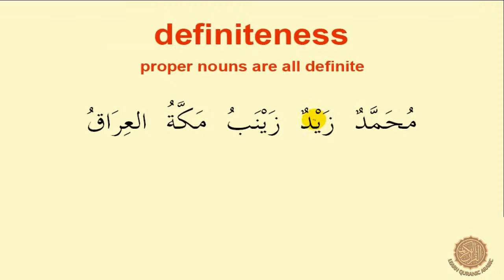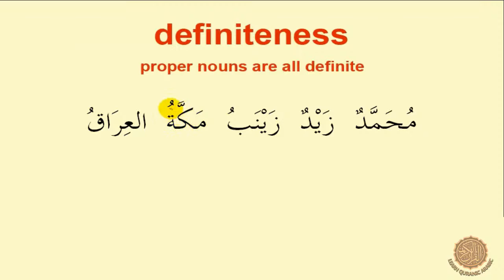That's a rule there. Then we have the name Zainabu. Notice here, there's only one damma. There's no tanween. Now the question is, why doesn't it have tanween? That's because feminine names actually don't take a tanween. They only have one damma. And similarly with the name Mecca, the holy city of Mecca, it's actually a feminine name.